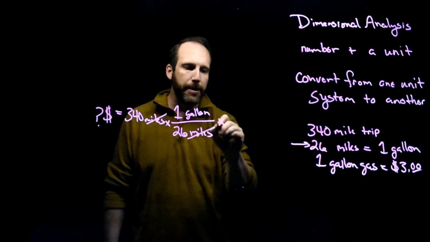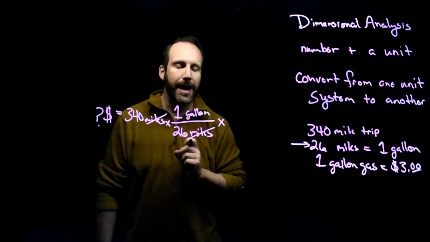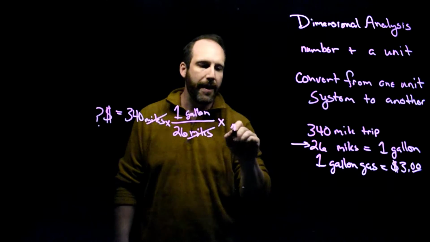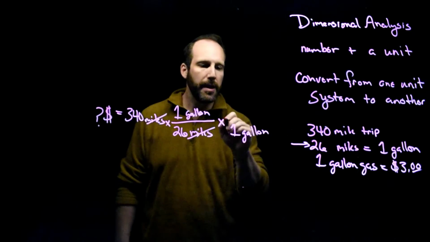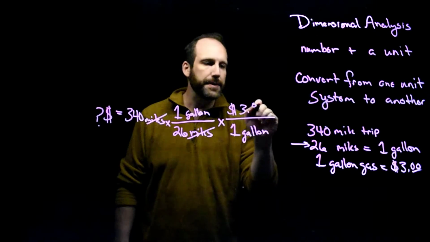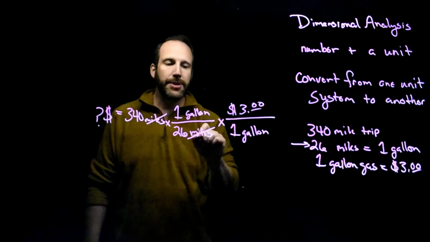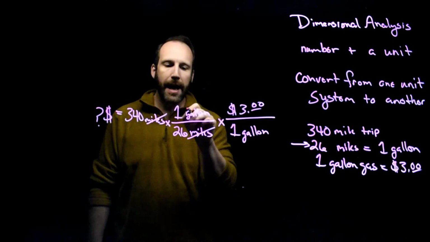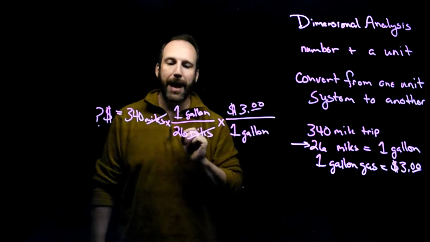My next step is to convert from gallons to dollars. And the way that I can do that is to say that for every 1 gallon of gas, it will cost me $3, okay? Now, when I do this math here, I've got 340 times 1 divided by 26 times 3 divided by 1, right?